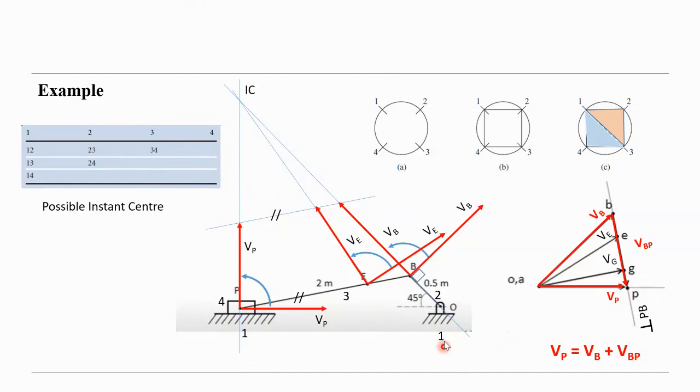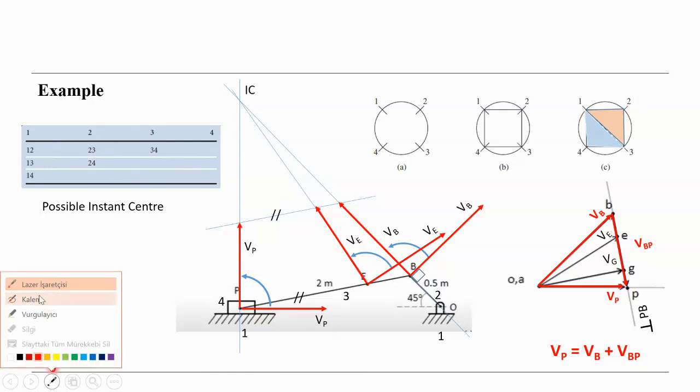For that reason, we said that 1,2 and 2,3 are here. This is the example: 1,2, 1,3, 1,4, and so on. Let's write the instant centers here.